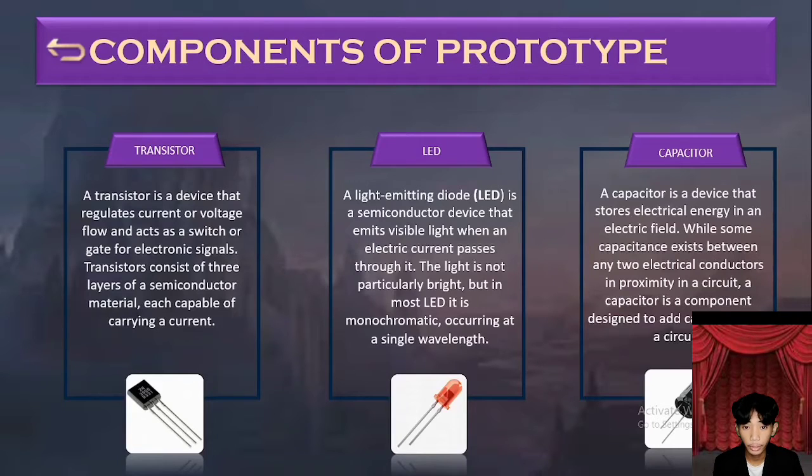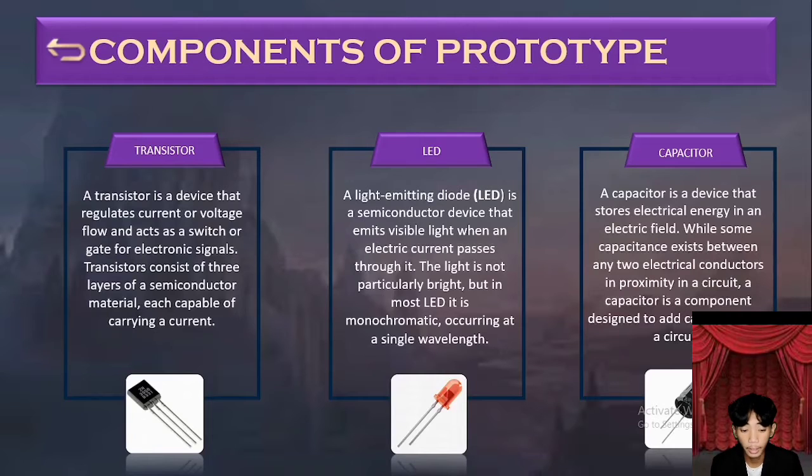Transistors consist of three layers of semiconductor, each capable of carrying a current. As you can see, there are three terminals of a transistor, and it is responsible for turning on and off, or more technically, for controlling electrical signals in a circuit.